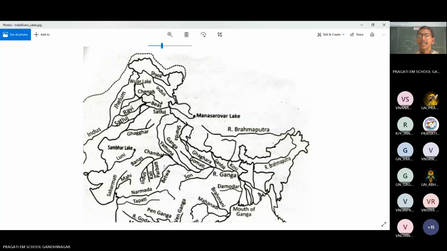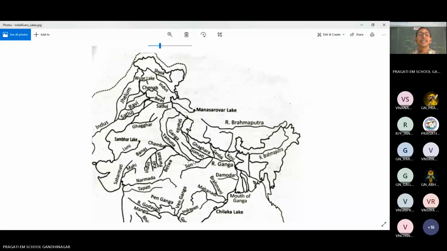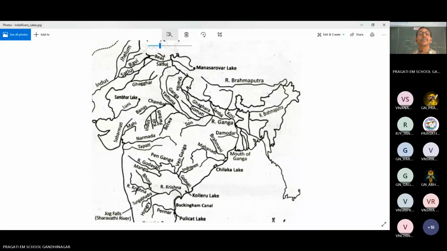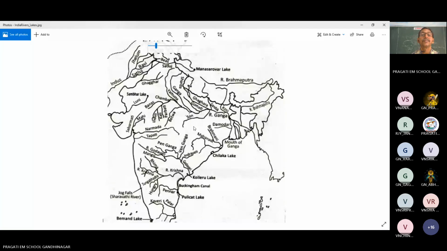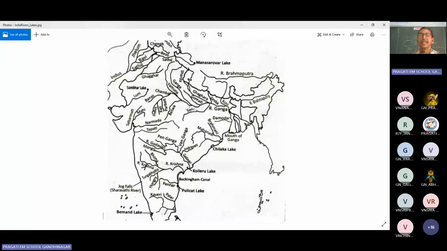Okay. Next, down see the Narmada River. See, children, wherever you find the Narmada River, across the Narmada River only the Sardar Sarovar Dam was built.